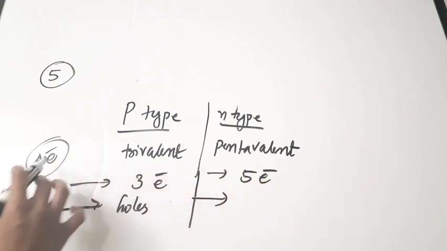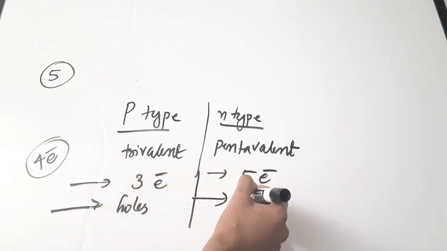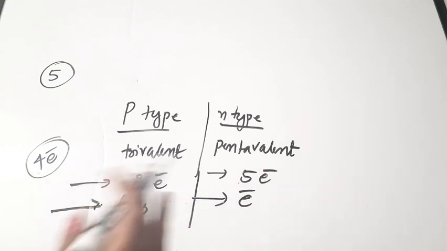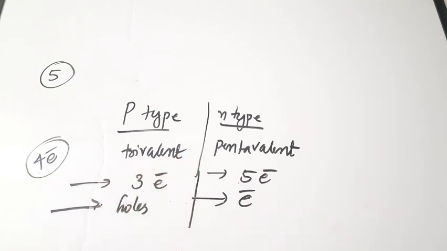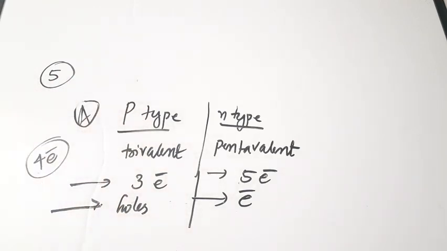With a pentavalent impurity, we require 4 but have 5, so there is an excess of 1, and we create more free electrons. This is the case for p-type and this is the case for n-type. Here we are adding a trivalent impurity, which is option A. In part 1 also we have discussed many of these concepts.